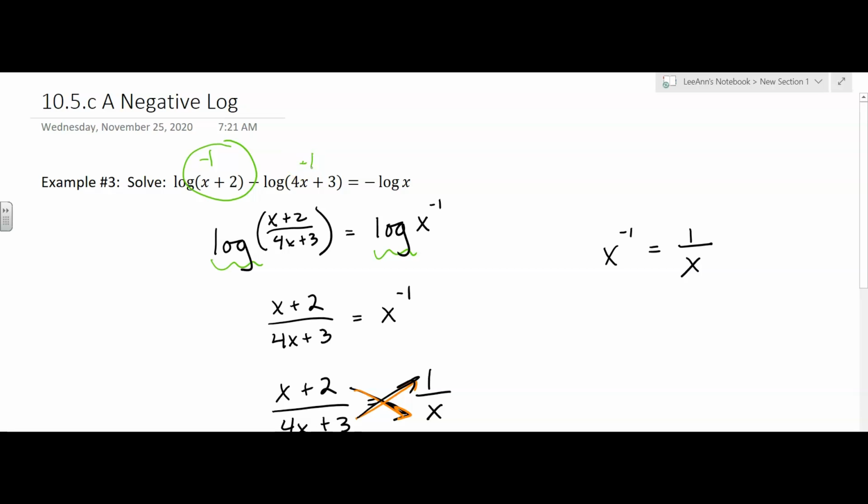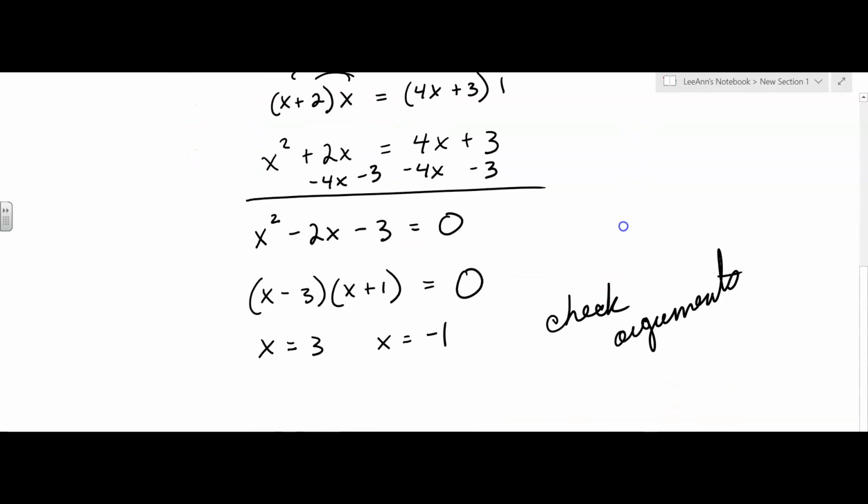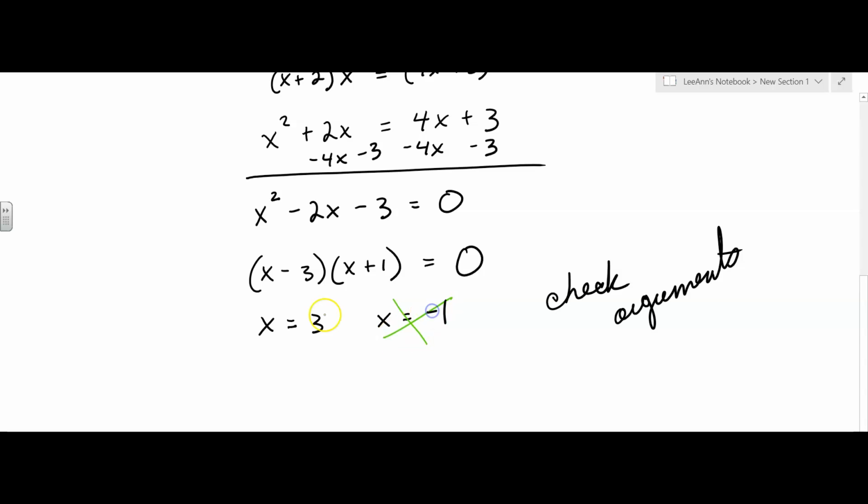No, because then I get negative 4 plus 3 and that's negative. So no, that one's not going to work. And this one's not going to work either. It just takes one that doesn't work, and that means negative 1 is not an answer. So what is the answer? This one doesn't work, but this one does. So x equals 3.